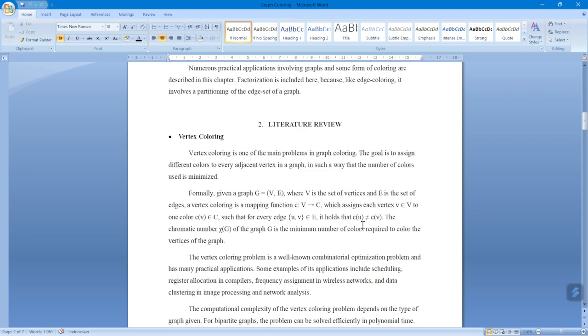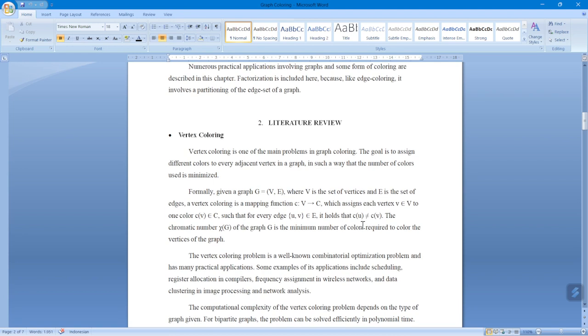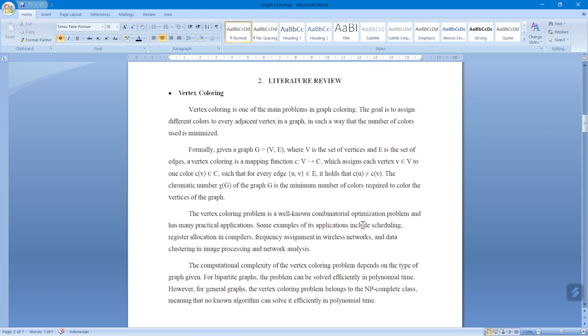The goal is to assign a different color to each adjacent vertex in a graph in a way that minimizes the number of colors used.